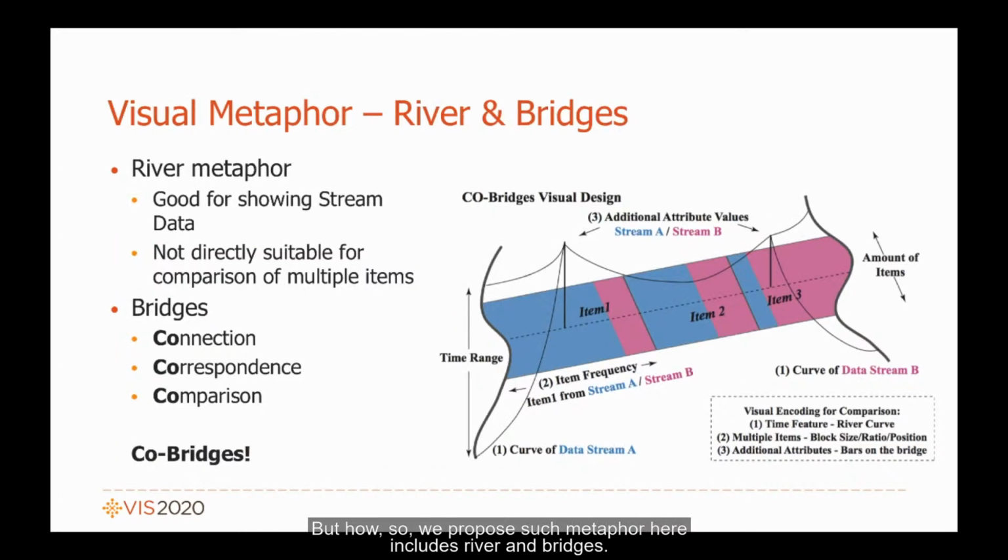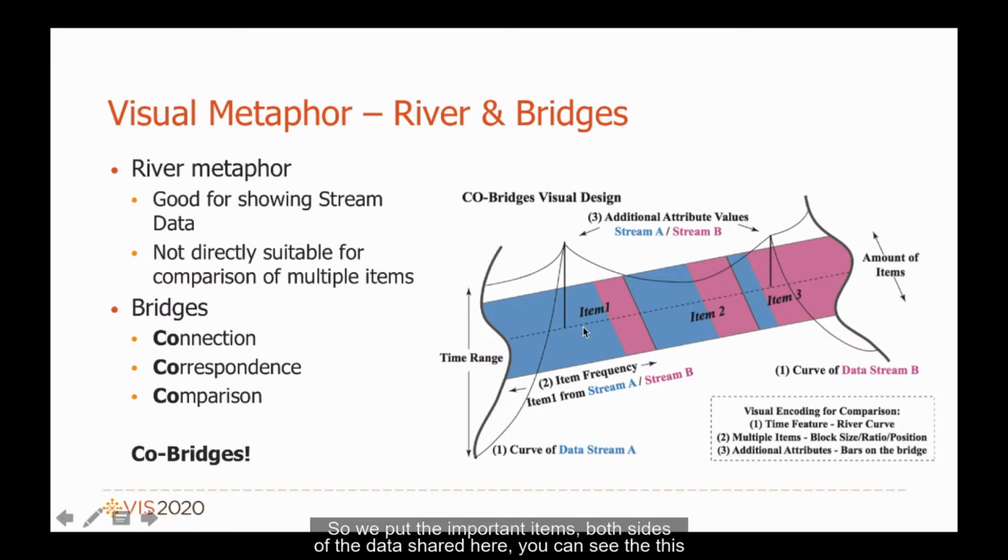But how? We propose such a metaphor, which includes the river and bridges. You can see we put the rivers on the left and right sides, indicating the total amount of the streams and the dynamic features. In each part, we use the bridges to show the correspondence, indicating the different item distributions.